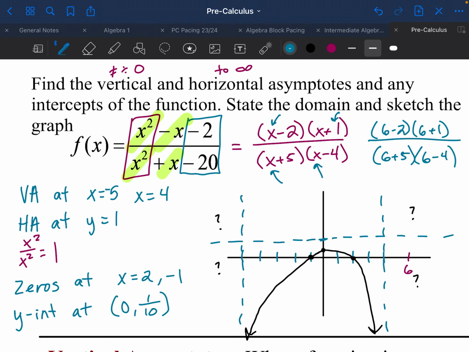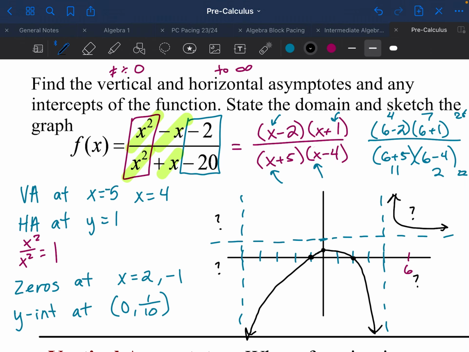We end up with 6 minus 2, 4. 6 plus 1, 7. 6 plus 5, 11. 6 minus 4, 2. 4 times 7 is 28. 11 times 2 is 22. This is bigger than 1. Since it's bigger than 1, my graph's going to go right here.